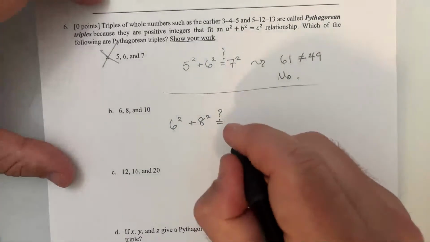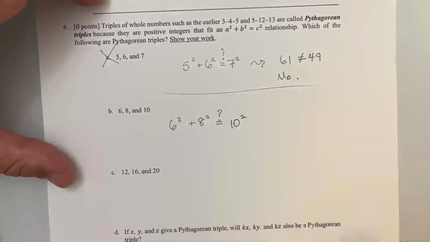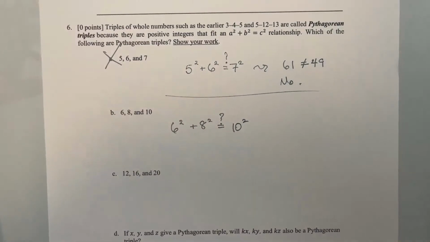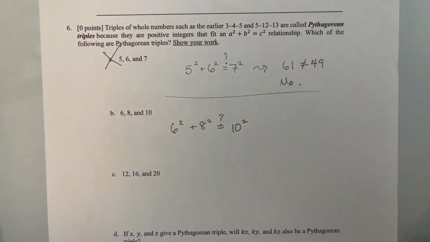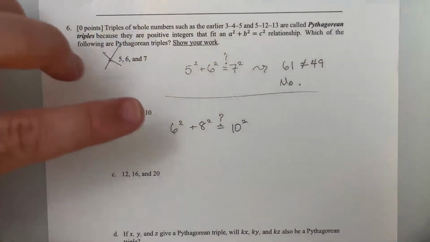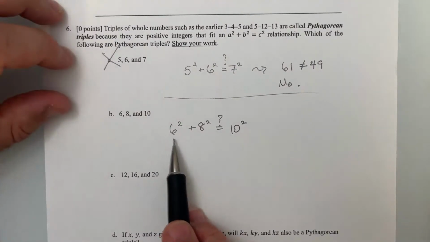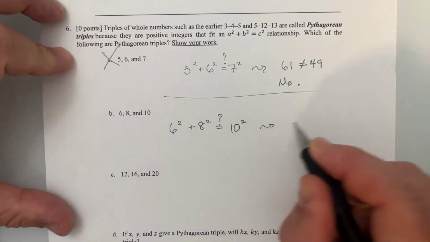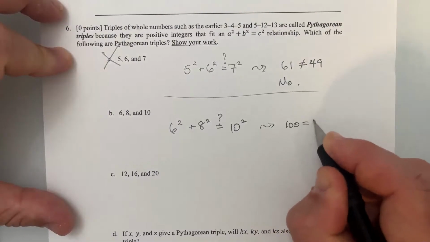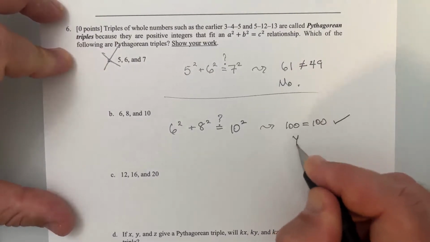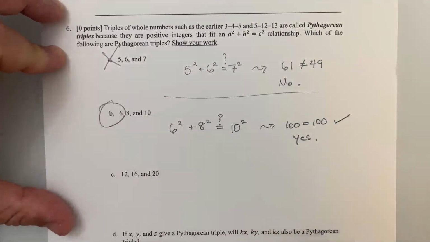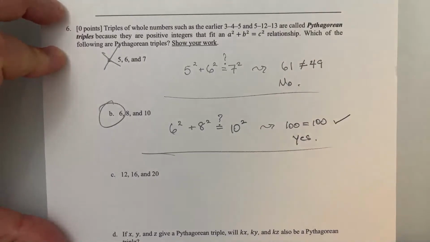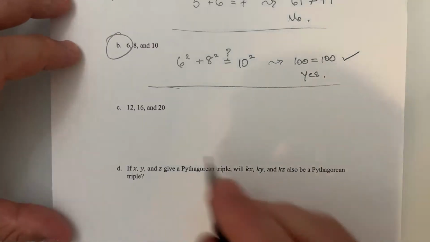Maybe I don't want to claim it's equal if it's not. So is this the case? Well, 36 plus 64, we've seen this. All right, and so forth.